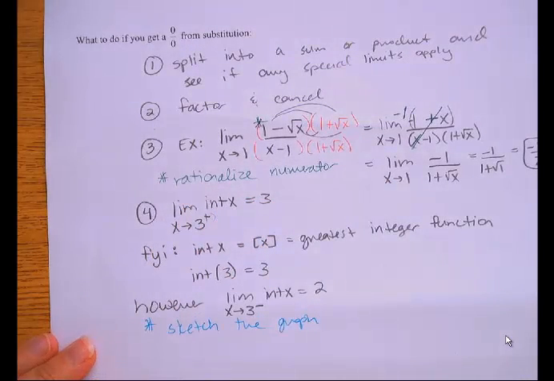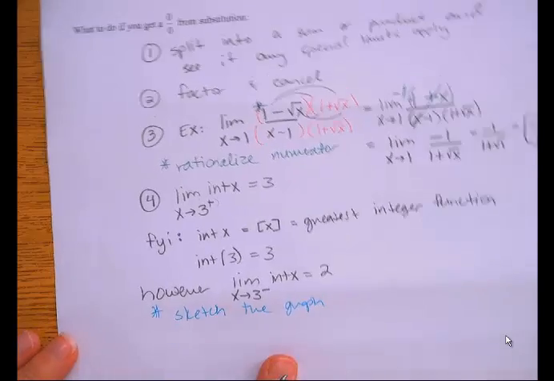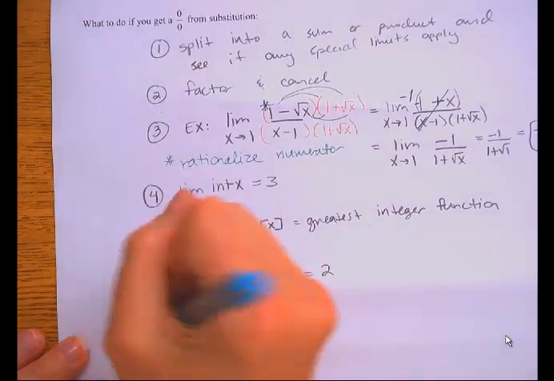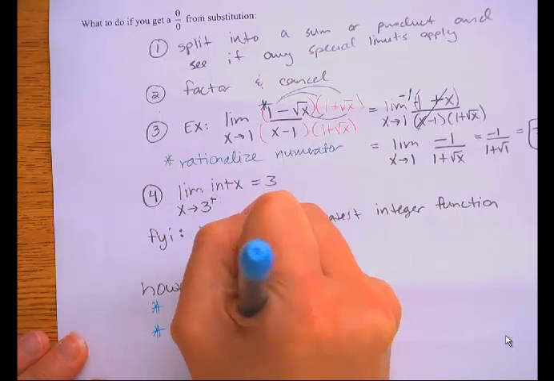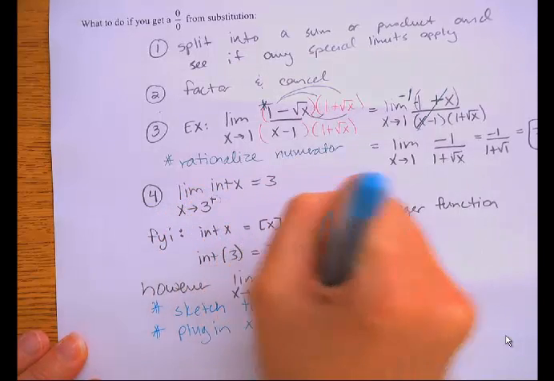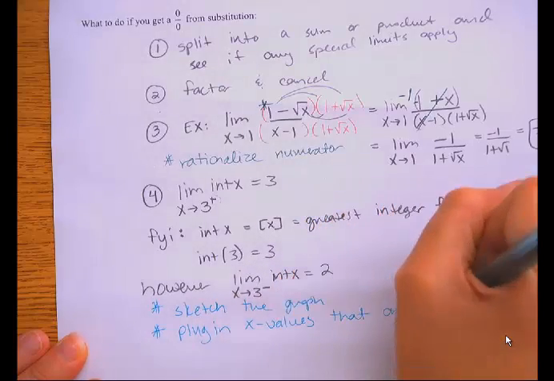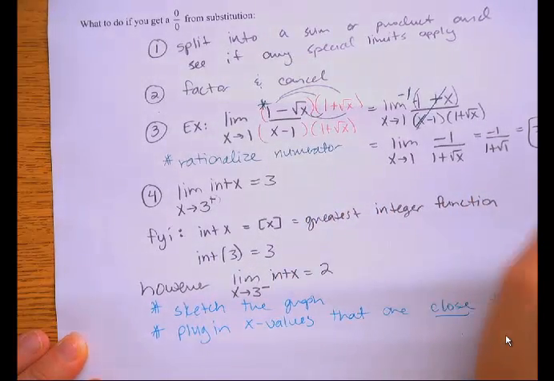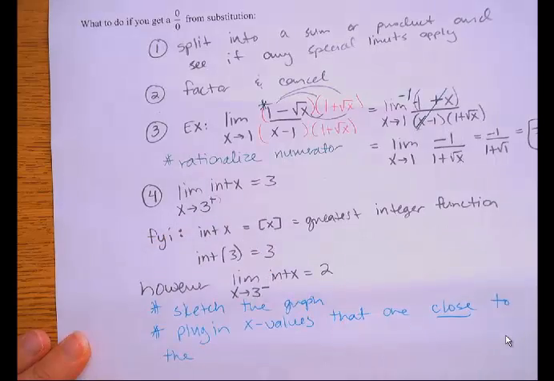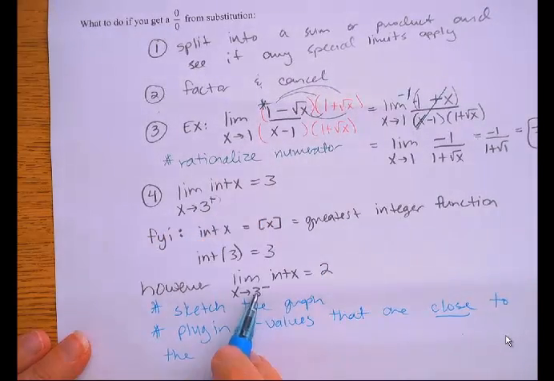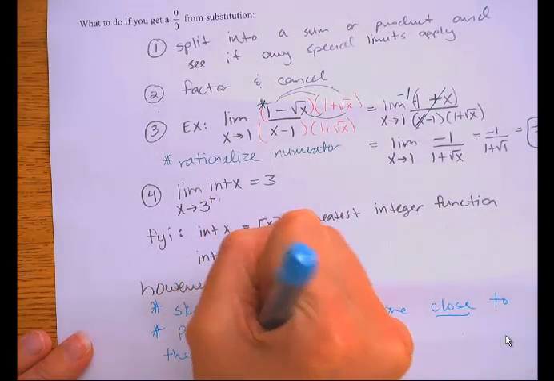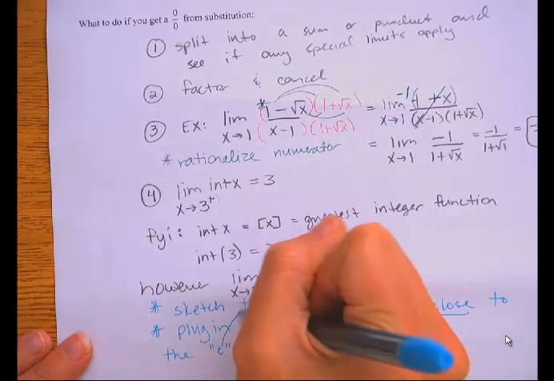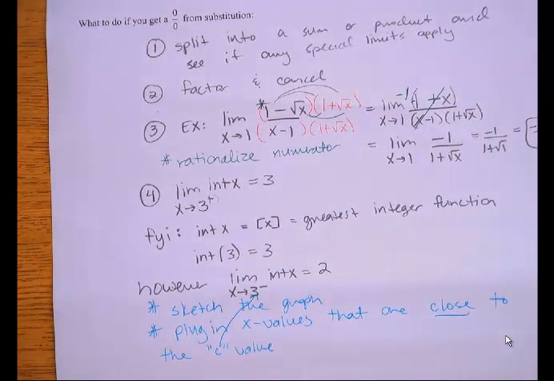Now, if you forgot what the graph of INTX looks like, our greatest integer function, the other option is to plug in x values that are close, very close to the value x is approaching. So plug in x values that are close to, I'll put the c value, which in this case is 3.